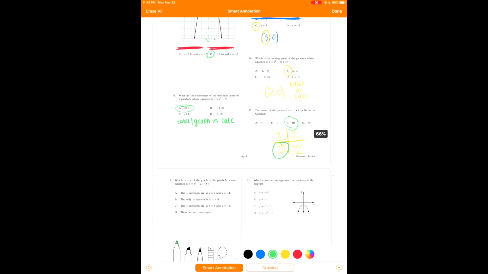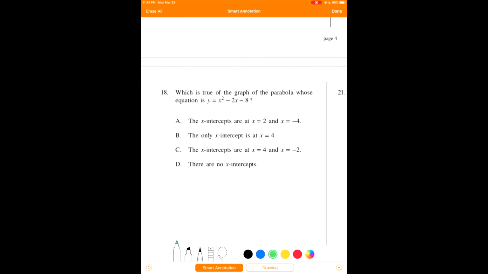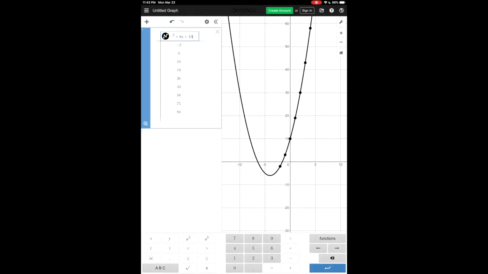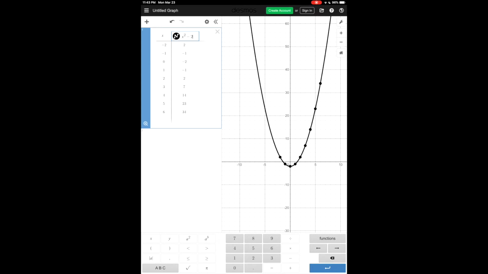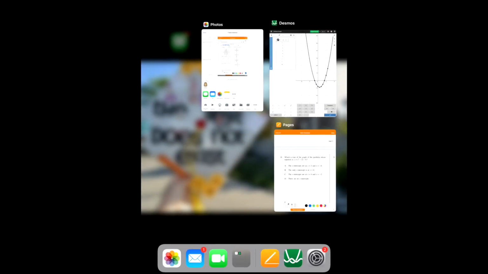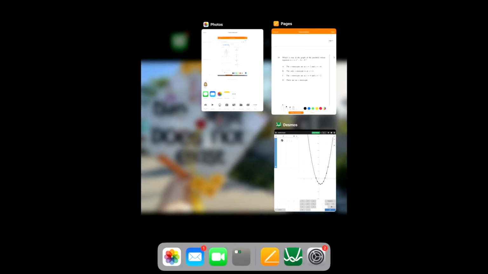Your quadrants. Number 18, which is true of the graph of the parabola whose equation is x squared minus 2x minus 8. So you're going to have to use your calculator for this to look at the graph. X squared minus 2x minus 8. And it says the x-intercepts are at 2 and negative 4.